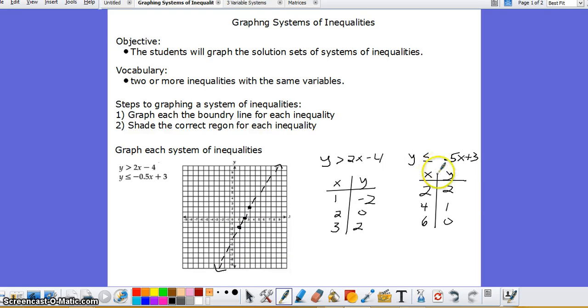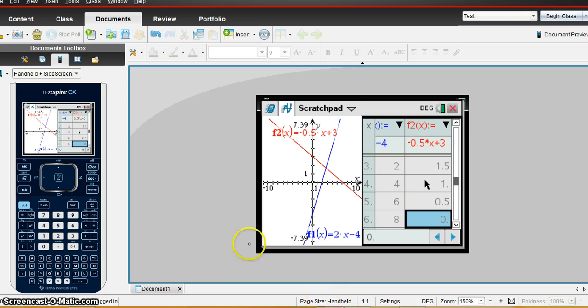Then for the second one I have 2, 2; 4, 1; and 6, 0. This does have an "or equal to," so it's going to be a solid line. Real quick, solid line in there. And then we want to do the shading.